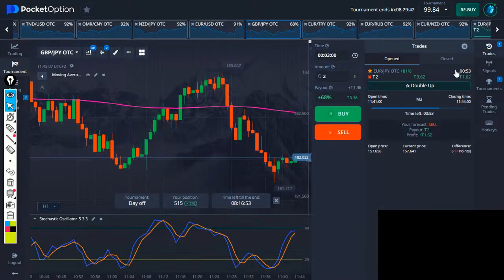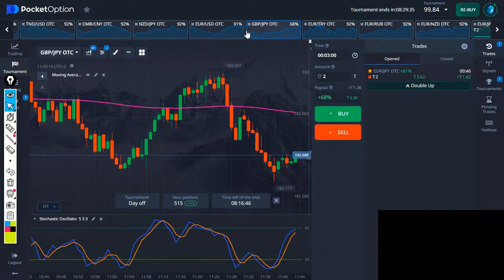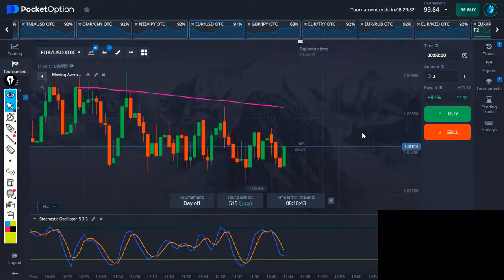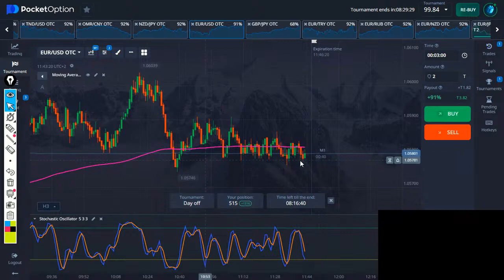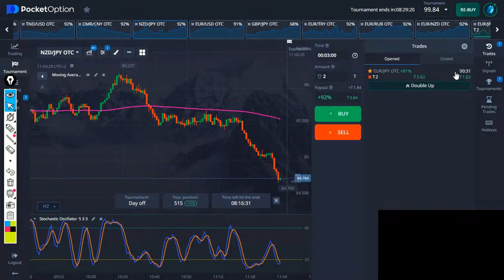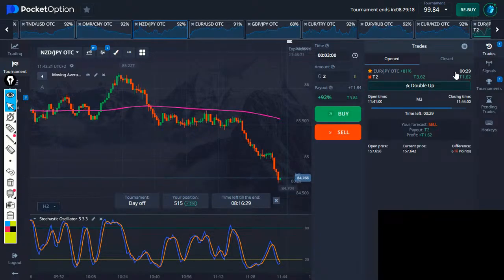1 minute left on our Euro Japanese. Till now in the green. This is quite dangerous. I would stay away from this. Okay.